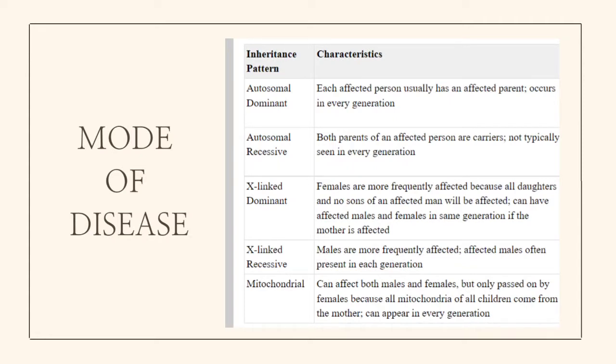Next, let's talk about the X-linked recessive. Males are more frequently affected. Okay? Affected males are often present in each generation. So, in X-linked recessive, males are more frequently affected. Because we all know that a male has one X chromosome.